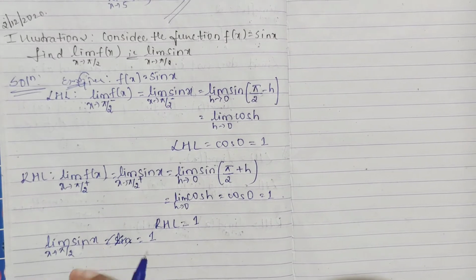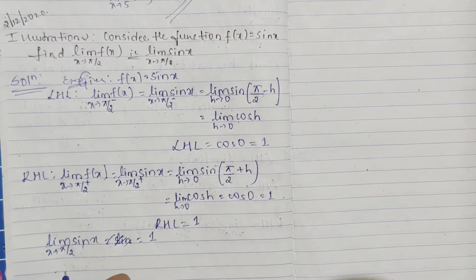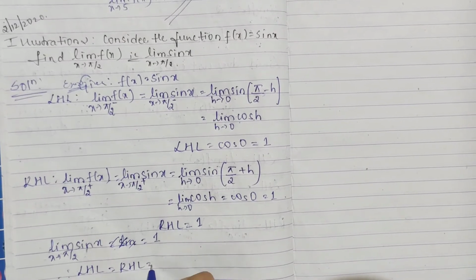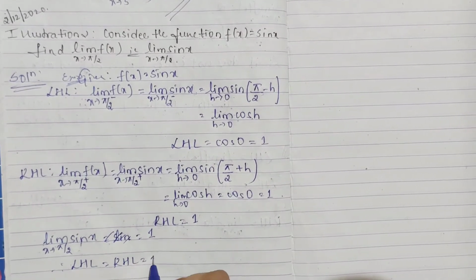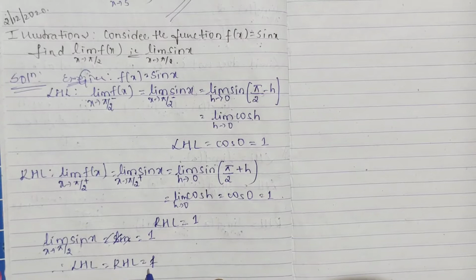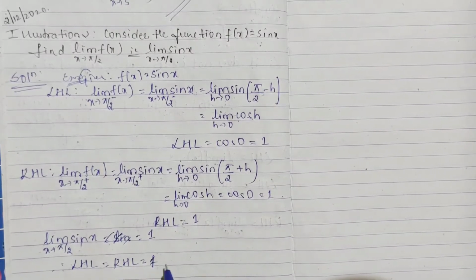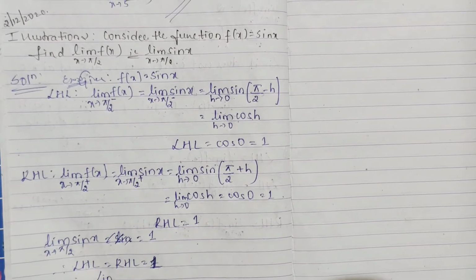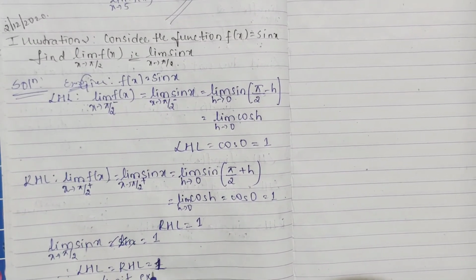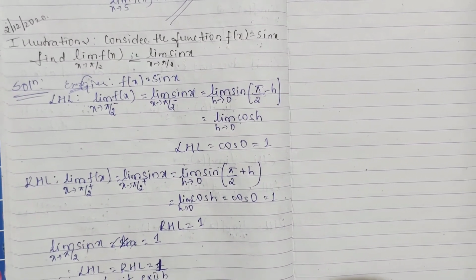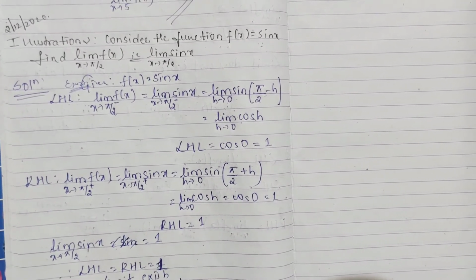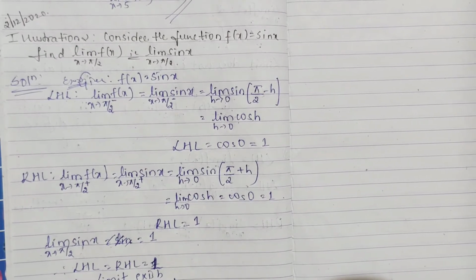So limit f of x directly you are also getting 1. Therefore LHL is equal to RHL is equal to f of pi by 2, equal to 1. Therefore the limit exists. Therefore limit f of x as x tends to pi by 2 is nothing but 1.